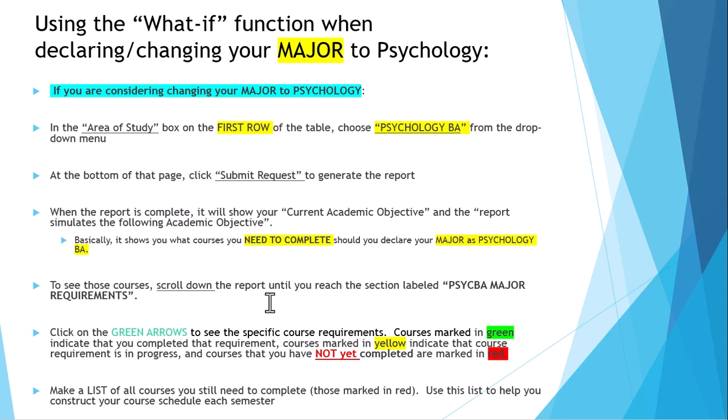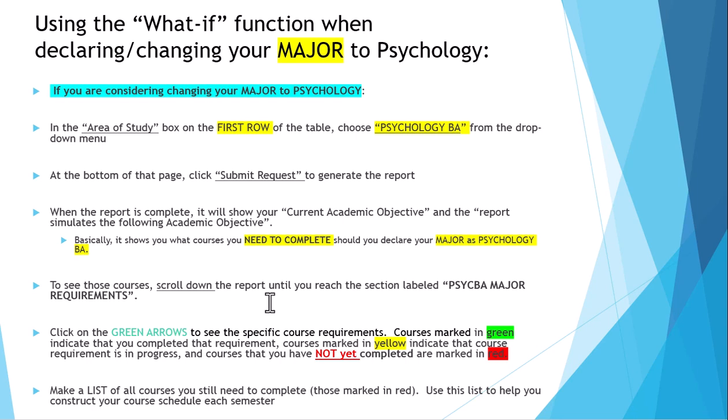When you create a My Progress report, it shows you your university requirements, like your lower GE requirements, your SJSU studies requirements, your American institution requirements, and so on. All of that in the report you've just generated should be the same.